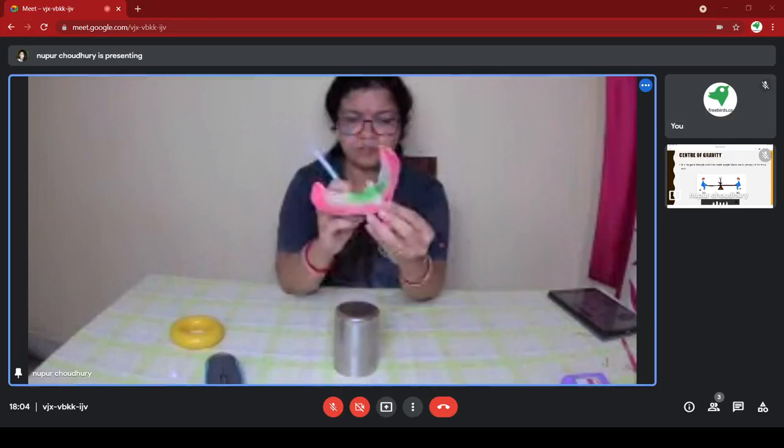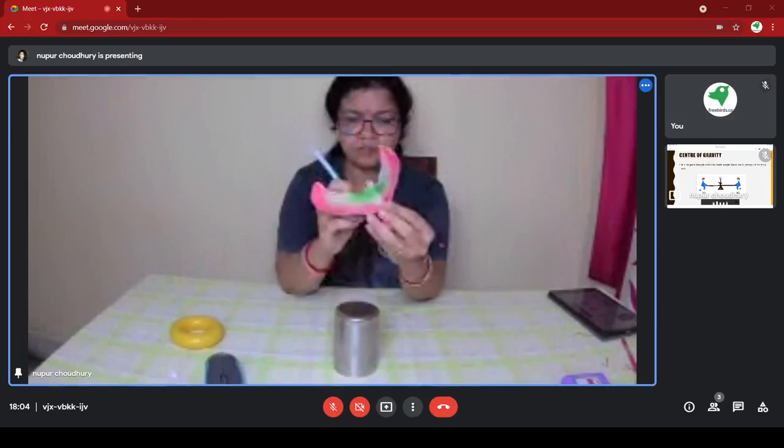Now, is there any way that I can balance this coin on this note? What I do is I simply bend this note a little bit, place this coin over the folded point, and slowly try to open it. It might take a few attempts.